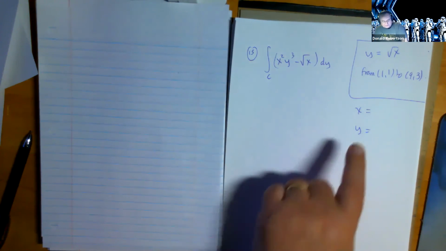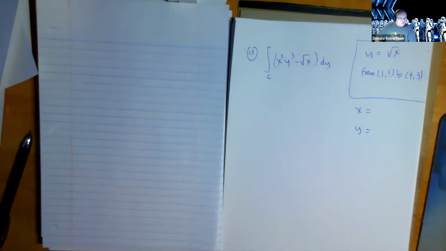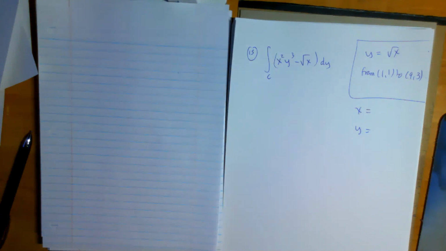In fact, it's probably a good idea in these questions not to use that format, just to use x equals, y equals kind of thing. What would x equals and y equals be to generate this fella? What parametric equation would generate a square root of x?